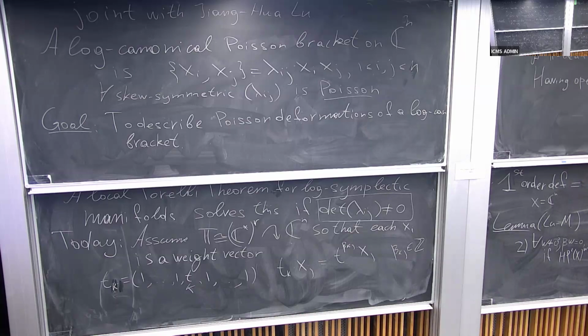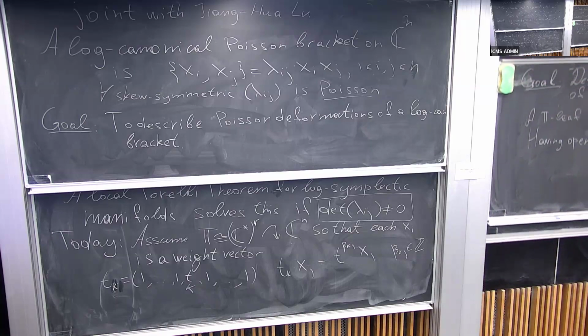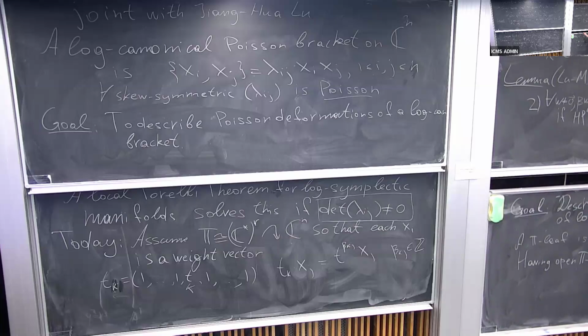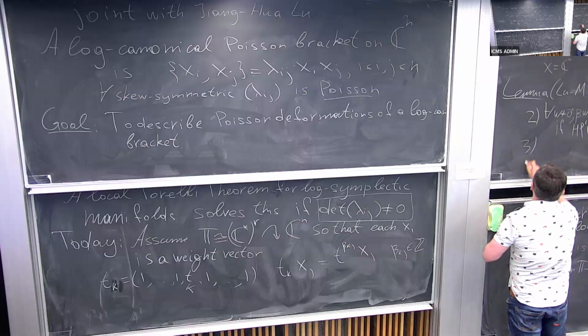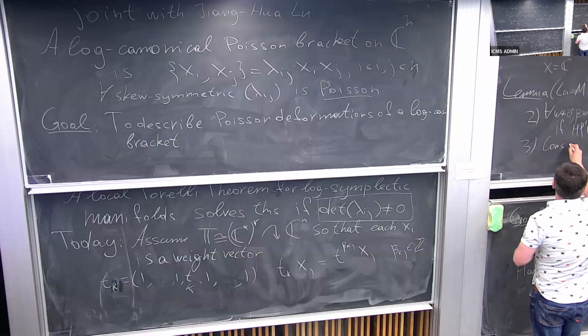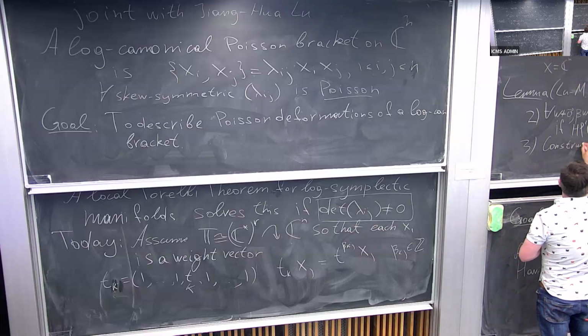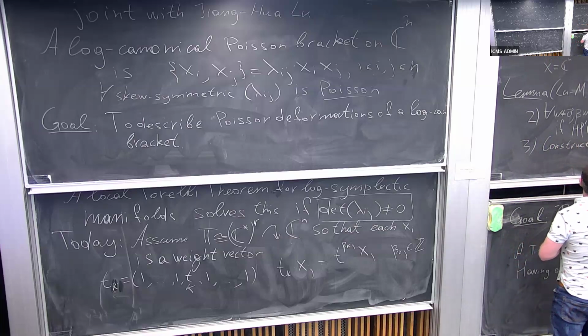Okay, and then we also have more information about what kind of IJs can appear here. So the third part of the lemma: we construct a graph using the following rule.